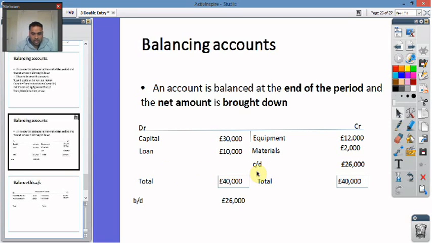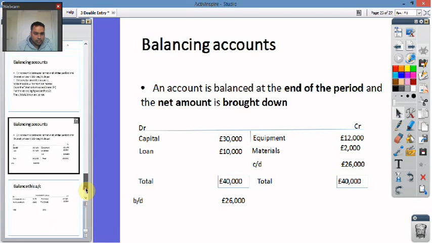If it was on the other side, it would be called CD as well. But it's on this side, so we call it CD 26,000, and then this amount will be brought down to the next side for the next period. What this is showing is that this side has got £26,000 more in the next period, and this is now netted off, so it's no longer relevant. Each month normally this would happen.